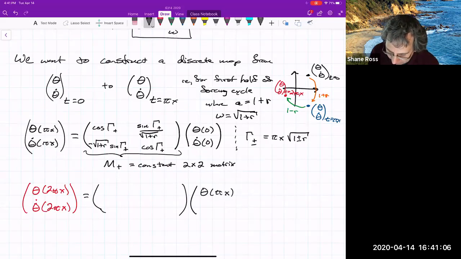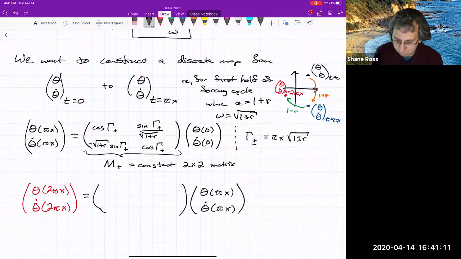So theta at pi x and theta dot at pi x. And then maybe you can imagine what's going to happen. We'll take this and this, and we could write what happens after one full cycle in terms of the product of two matrices.